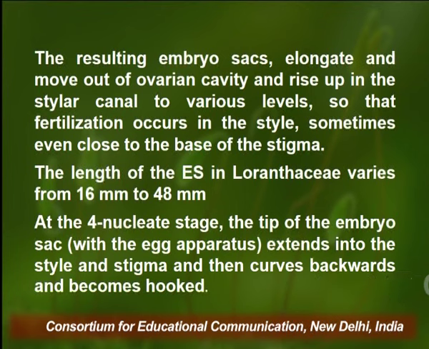The resulting embryo sacs elongate, move out of the ovarian cavity and rise up in the stylar canal to various levels, so that fertilization occurs in the style, sometimes even close to the base of the stigma. The length of the embryo sac in Loranthaceae can vary from 16 millimeter to 48 millimeter. At the 4-nucleate stage, the tip of the embryo sac, that is with the egg apparatus, extends into the style and stigma and then it curves backwards and becomes hooked.